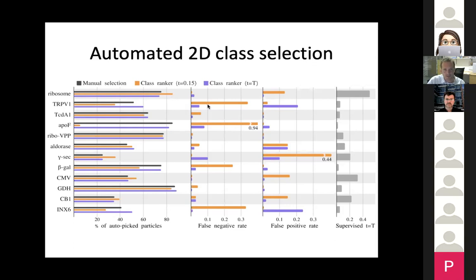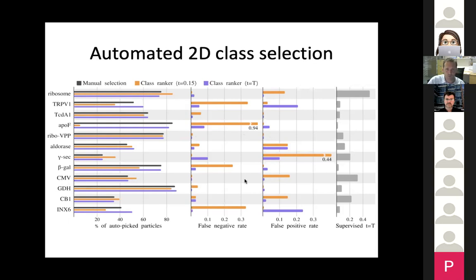But then for those picks, you can analyze the false negative rate and the false positive rate, based on the manual selection being ground truth. So you can see that for several data sets, you're doing quite okay. For example, here, Volta phase plate ribosome data sets, the false negative and positive rates are very low. So you're basically doing the same pick. For this virus data set, you pick a bit too much.